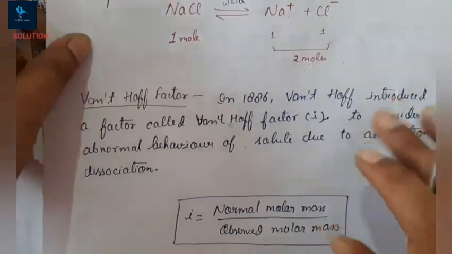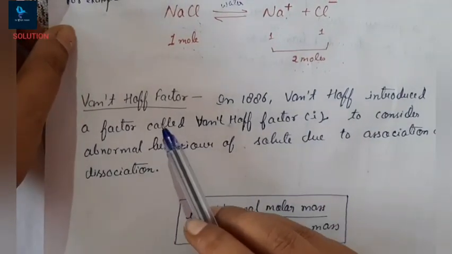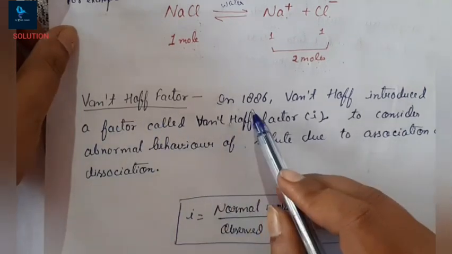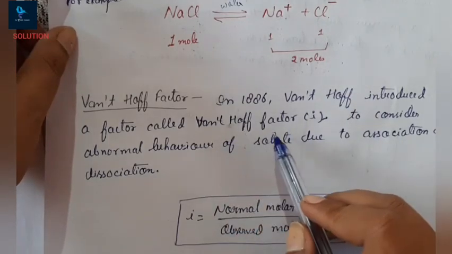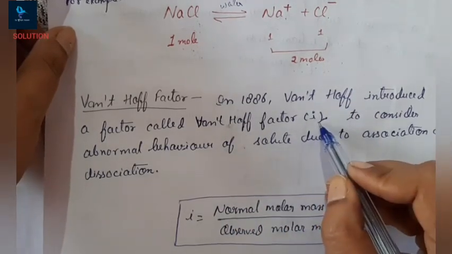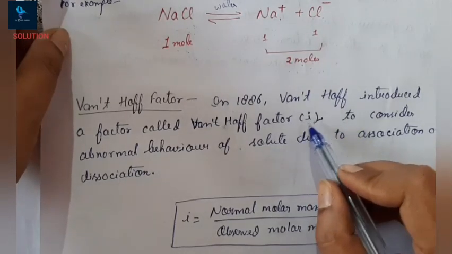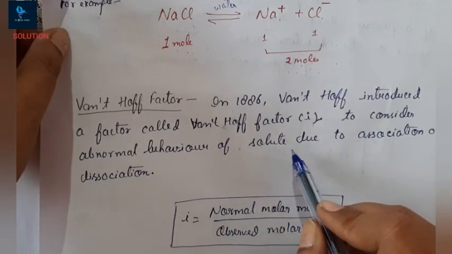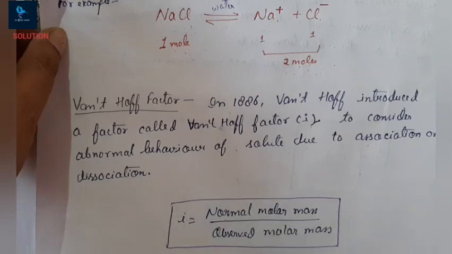So how do you correct this abnormality? There was a scientist, Van 't Hoff. In 1886, Van 't Hoff introduced a factor called the Van 't Hoff factor, represented as a small i, to account for the abnormal behavior of solute due to association or dissociation.